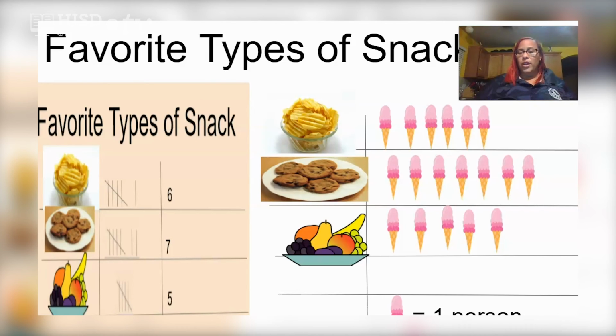How could you tell that cookies was the most popular snack? You guys are so smart. You are correct. Cookies had the most symbols next to it. There were 7 ice cream cones next to cookies. So that let me know that cookies was the favorite snack.